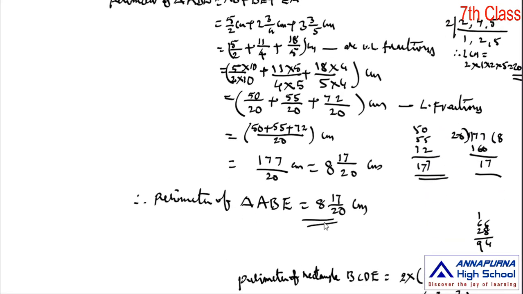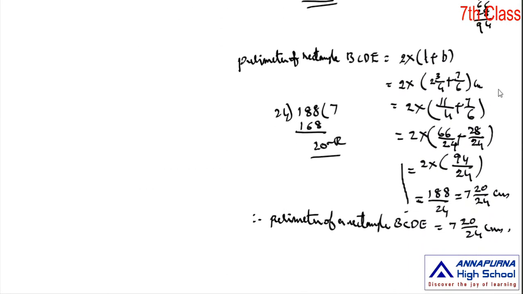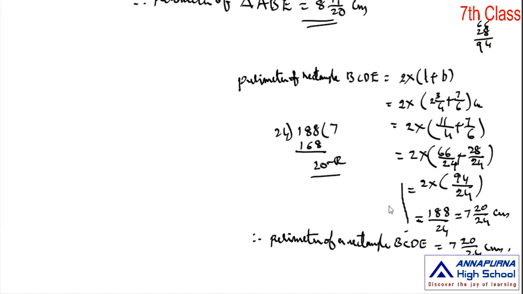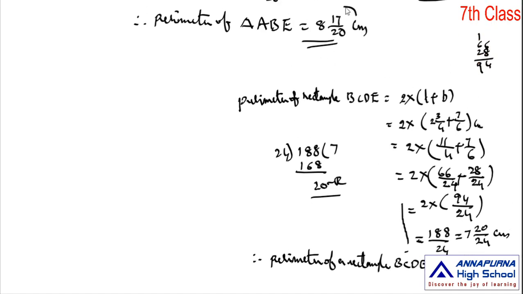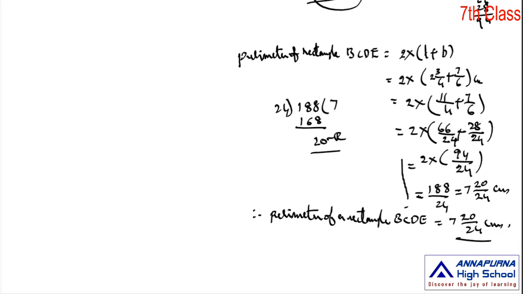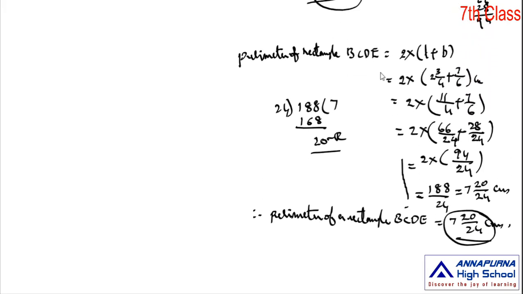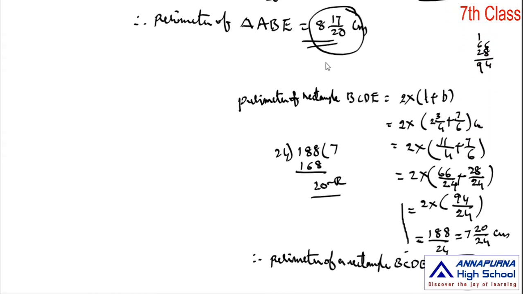Here the perimeter of the triangle is 8 17 by 20 centimeters, whereas the perimeter of the rectangle is 7 20 by 24. So whose perimeter is greater means on comparing these two, 8 17 by 20 and 7 20 by 24. If you observe these two fractions, these two are mixed fractions.